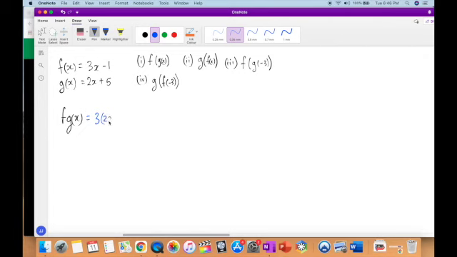So that's 2x plus 5, minus 1, because we're still in f of x. So 3 2s are 6x, and 5 3s are 15, plus 15 minus 1, which is 6x plus 14.